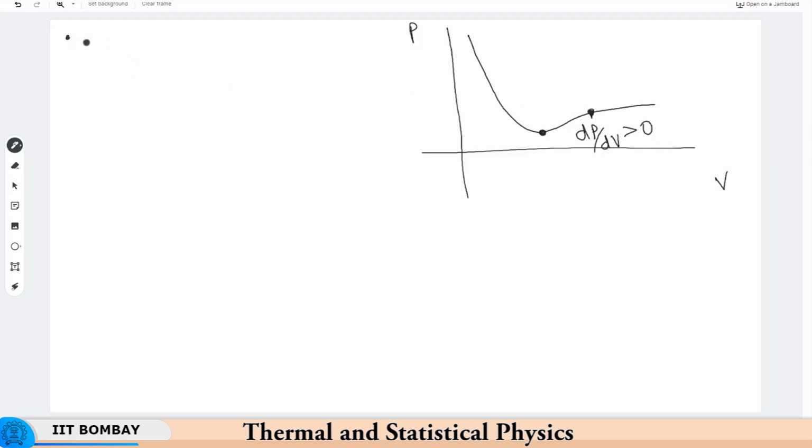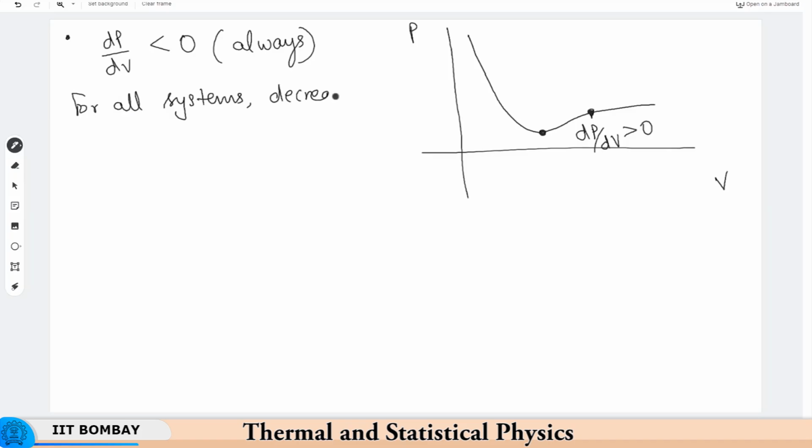And my claim is that dP by dV is always less than 0, always, right? Because it is absurd to think that if you decrease the volume of the system, the pressure will also decrease, right? So pressure has to increase. So this has to be a negative quantity for all systems.